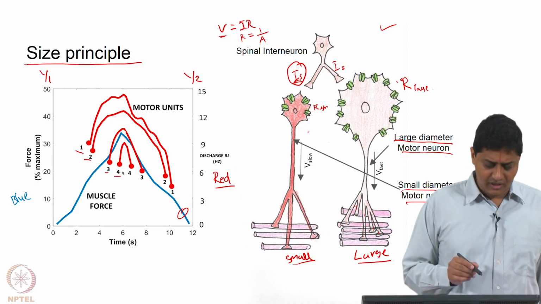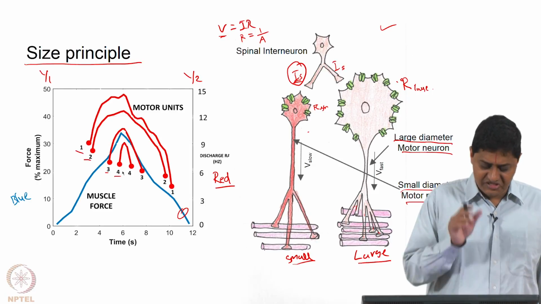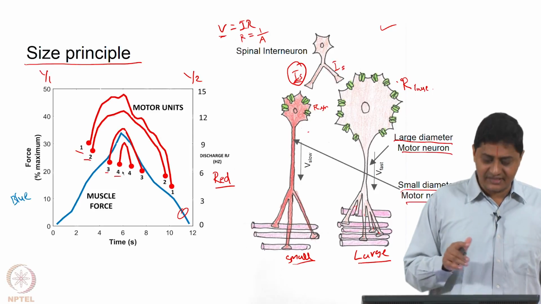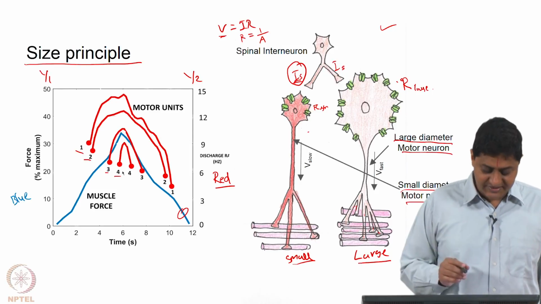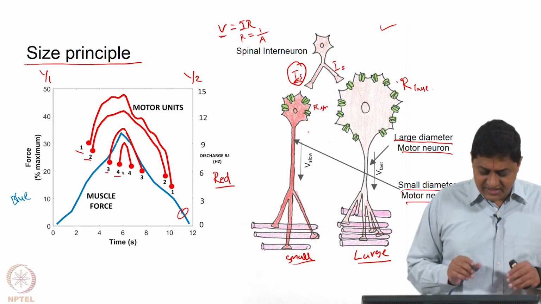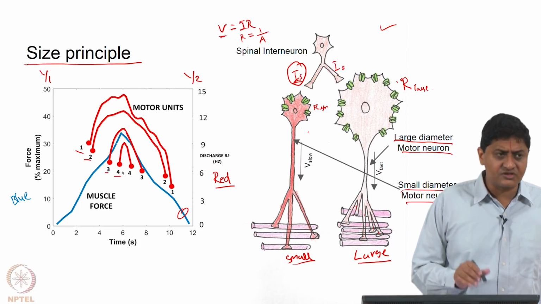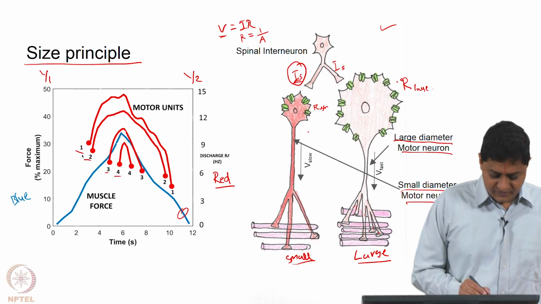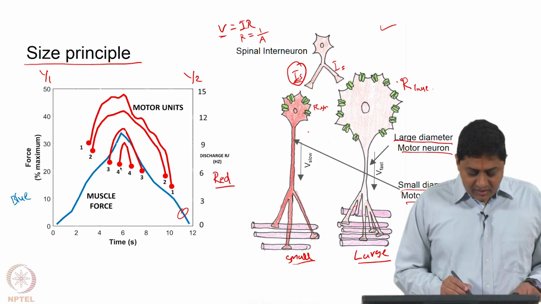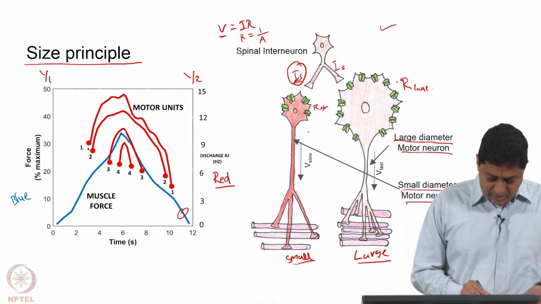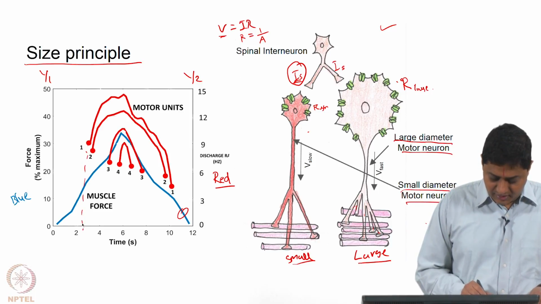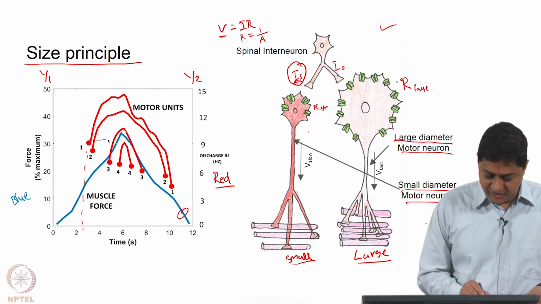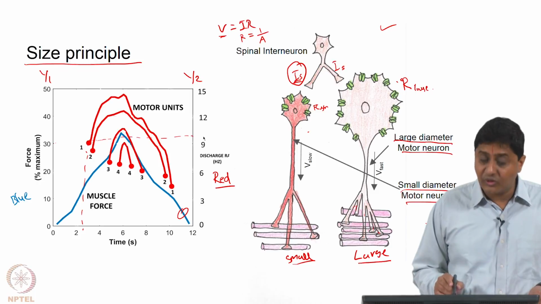We have not discussed that so far, we will discuss it in a future class. For the purpose of this class, let us assume that I have somehow been able to measure the activity of these motor units individually. The first motor unit is recruited at a frequency of about 10 hertz.